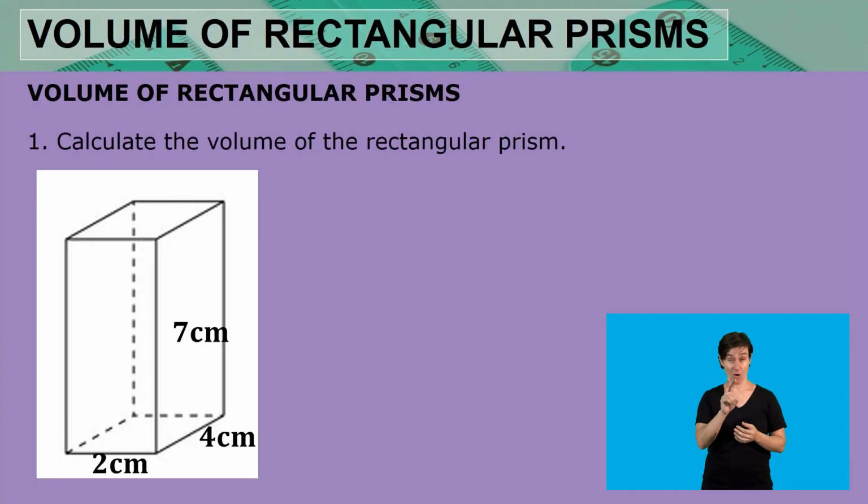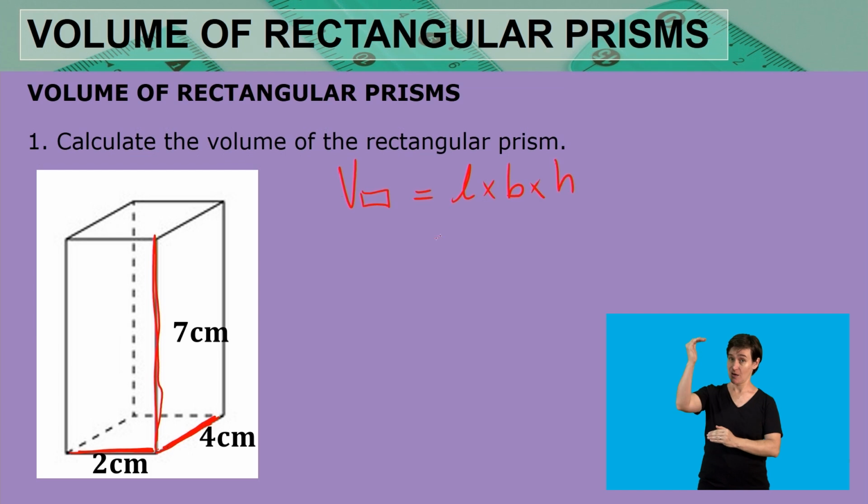It says to calculate the volume of the rectangular prism. Here we have been given a rectangular prism that has a length of 4 for the base, a breadth of 2 for the base, and a height of 7. So the formula for the volume of this rectangular prism, remember, is the length multiplied by the breadth multiplied by the height.